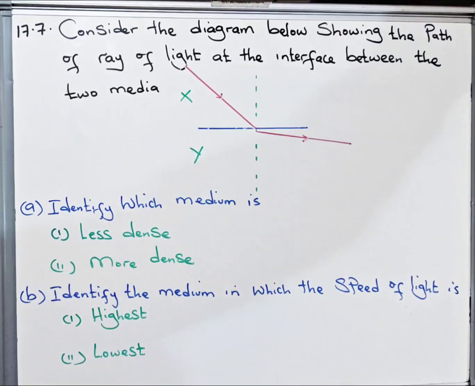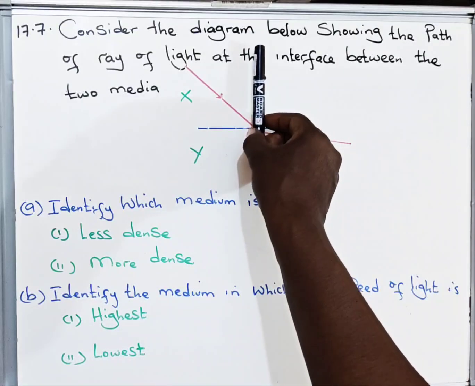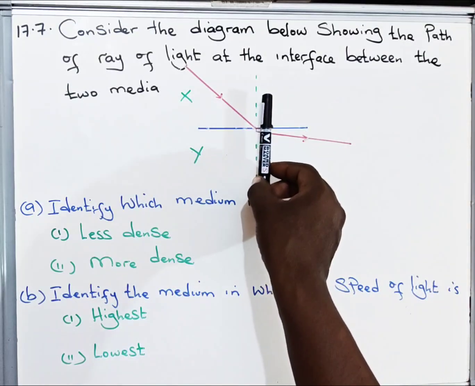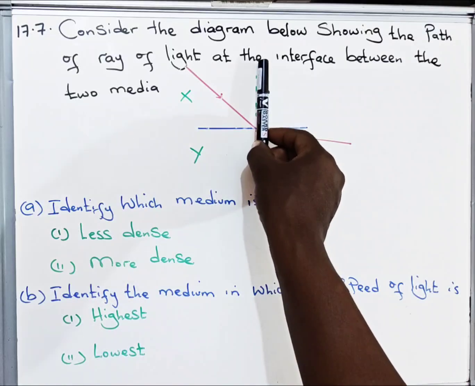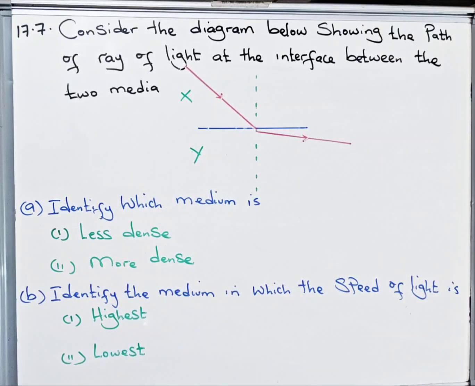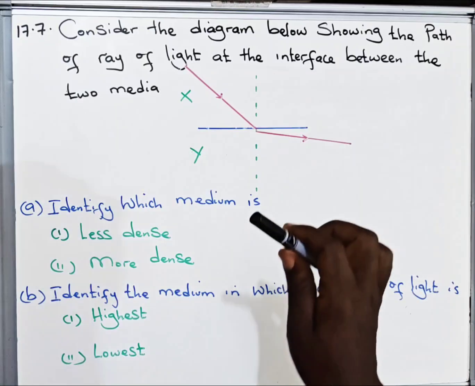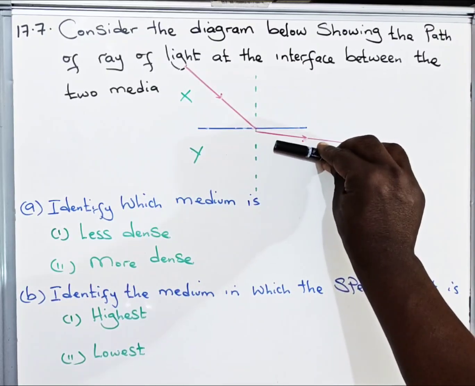To answer that question, we need to look at the diagram. There is this imaginary line, which you call normal, and the rules are very clear. When light is coming from a less dense medium to a more dense medium, the refracted ray bends towards the normal.